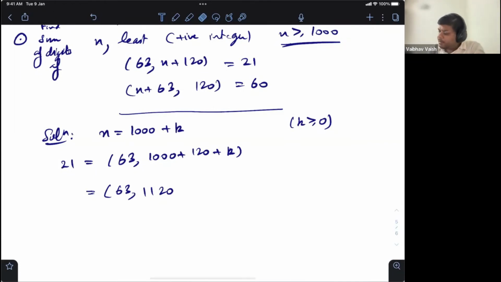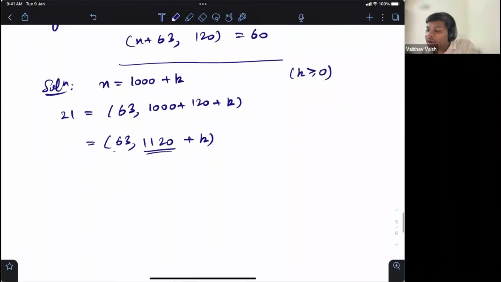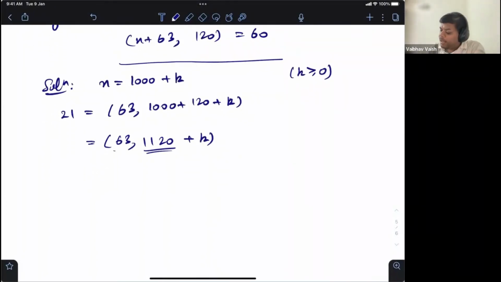1120 plus k. Now we can subtract some multiple of 63 from this side. That is something we are certainly allowed, we already saw that. So let's do that. What is the remainder when I divide by 1120?